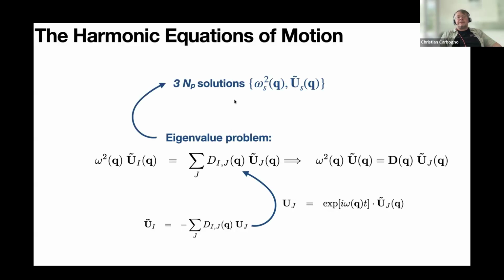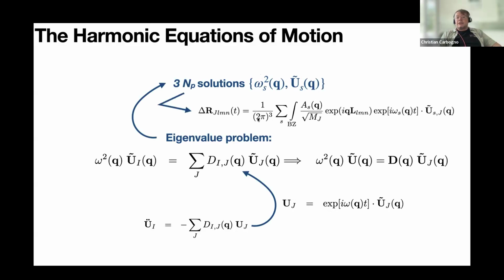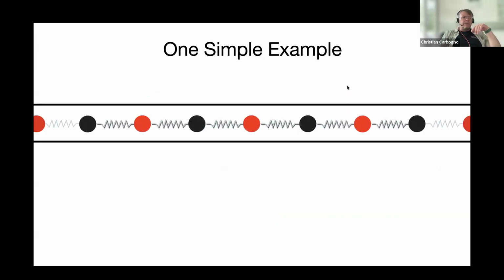This can be solved and you get 3N solutions, where you get the frequency squared and the eigenvectors that describe the motion of the system. The only thing that is not known here are the complex amplitudes, which would be determined by the initial conditions. Let me shortly explain what this really means in a very simple example.